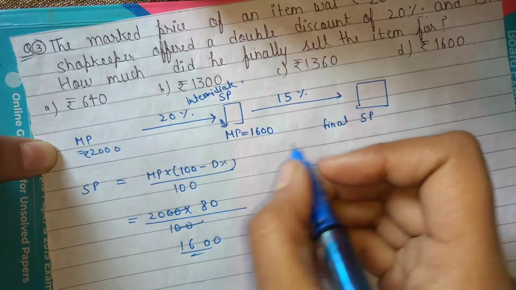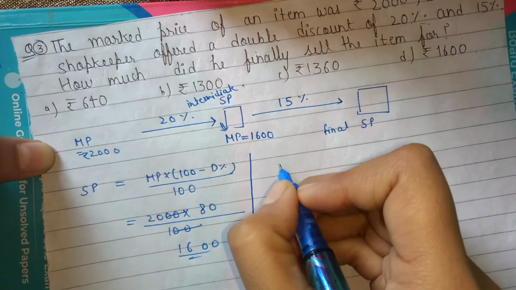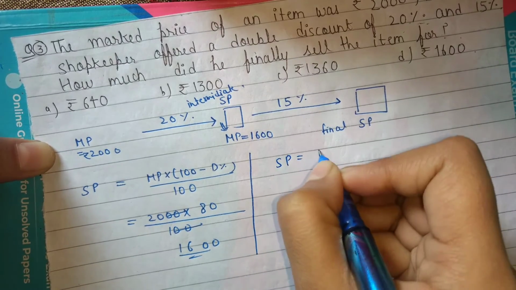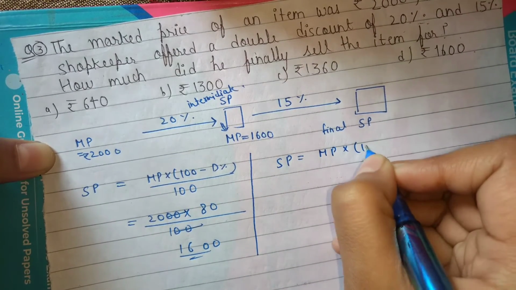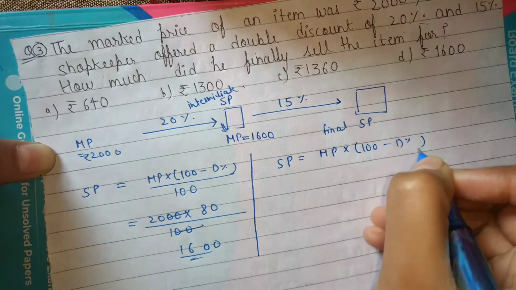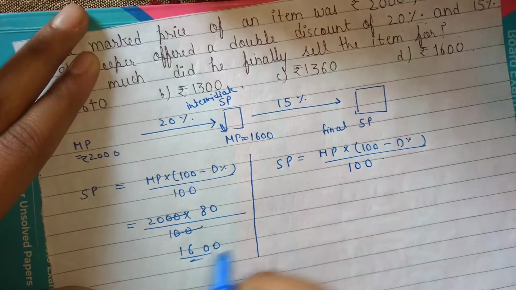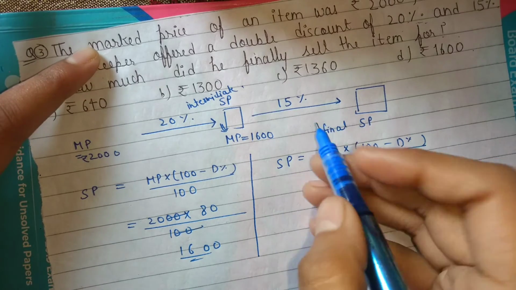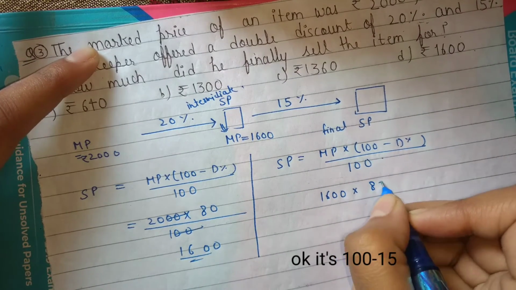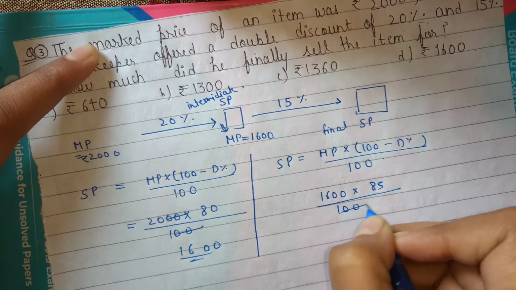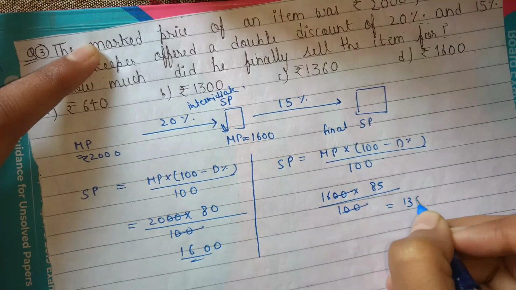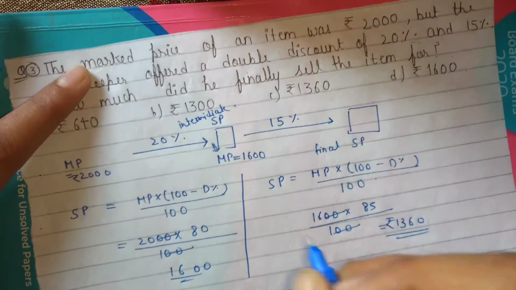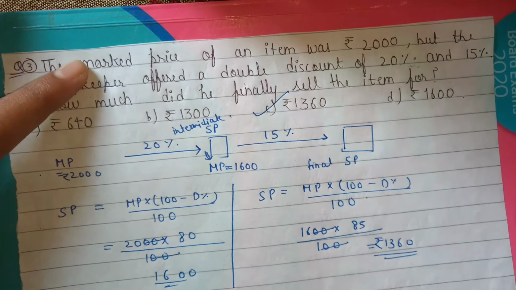Now again we will apply the formula. Again SP is equal to MP into 100 minus discount percent by 100. MP is 1600 into 100 minus 15, which is 85, divided by 100. So it is 1360. So option number C will be correct.